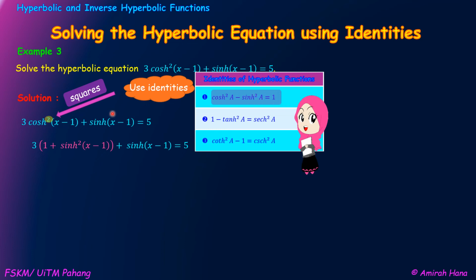In this case, we write 1 plus sinh squared (x minus 1). And then we do not need to change sinh here, because we want all terms containing sinh. So we still have sinh (x minus 1) and then equals 5.